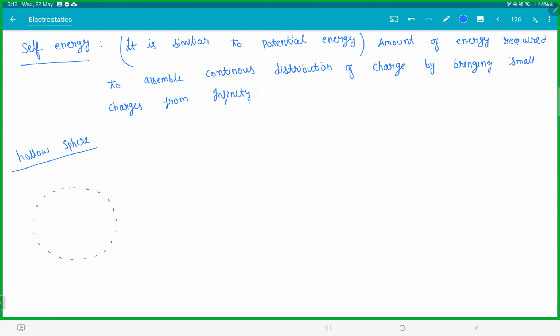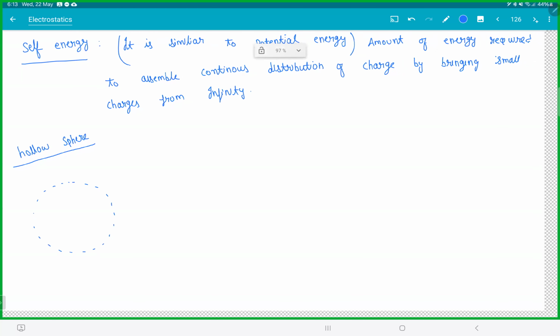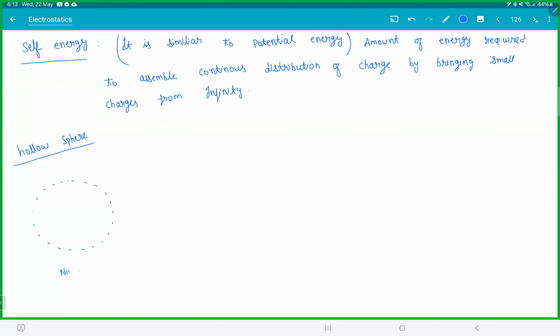There is no mass. Now you're taking no charge. So we have a shell here without any charge. You take a dq charge and dump it on this shell.